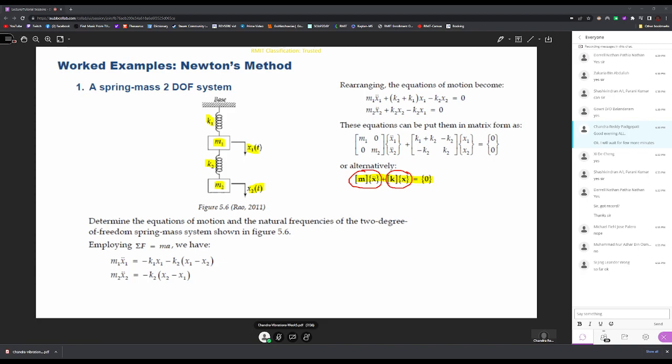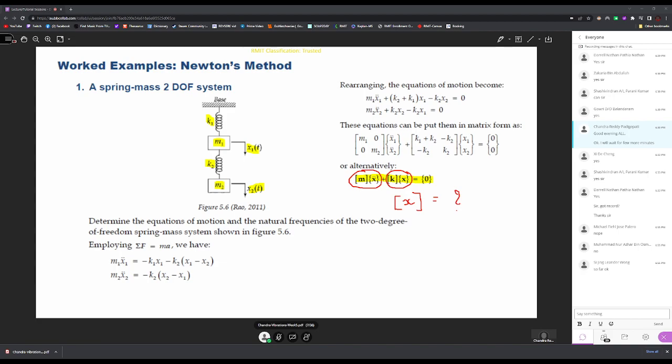Solution means we need to find x, how the displacement can be equated, how the response can be found. Again, we'll try to write it in matrix format if possible.